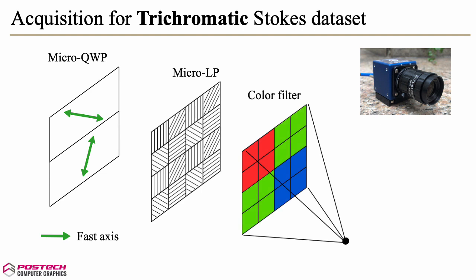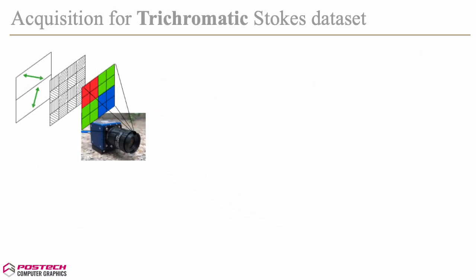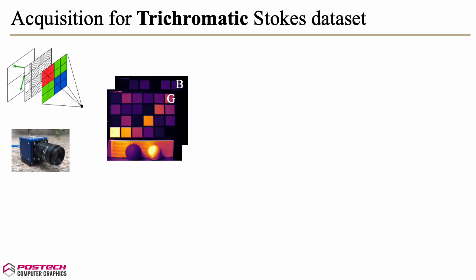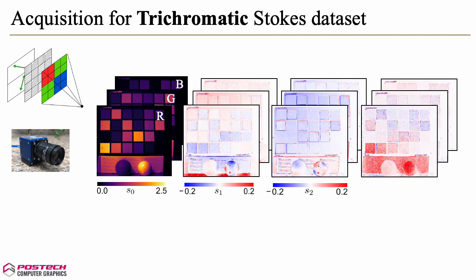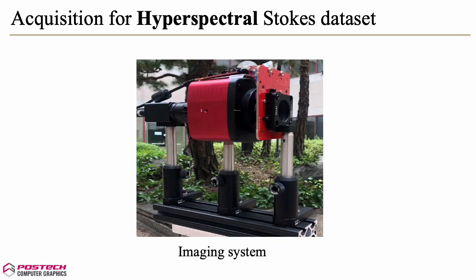This setup allows for the single-shot capture of trichromatic Stokes images. Consequently, we provide full Stokes images, including S0, S1, S2, and S3 for RGB channels.